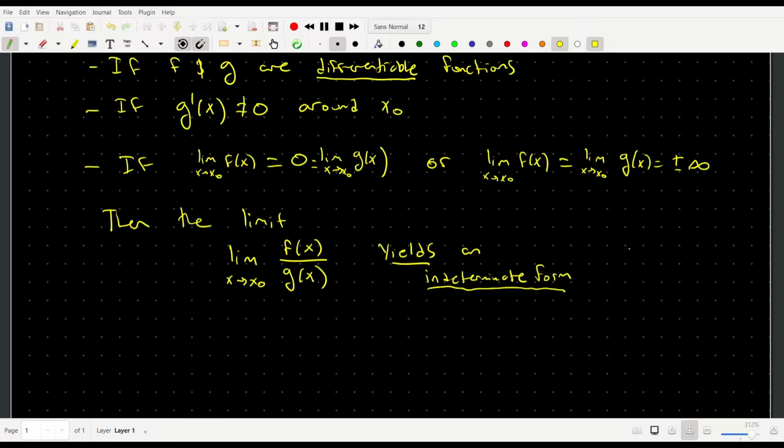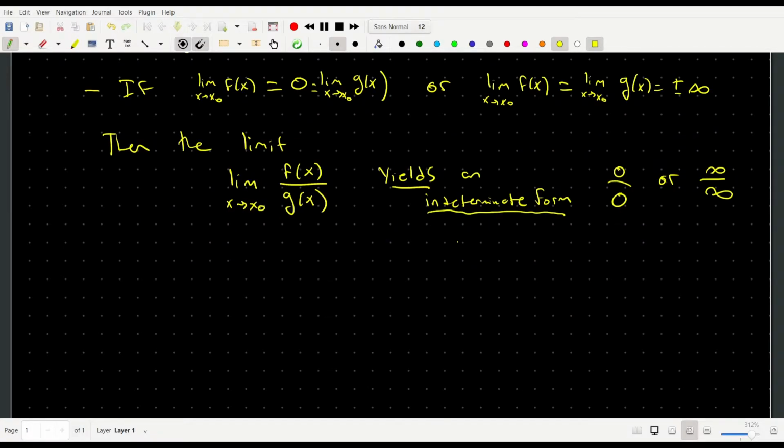And this indeterminate form is either 0 over 0 or an infinity over infinity indeterminate form. Now, remember what we said before, it's not okay to say that it equals 0 over 0 or it equals infinity over infinity, because neither of these two expressions make sense. They're both indeterminate forms.